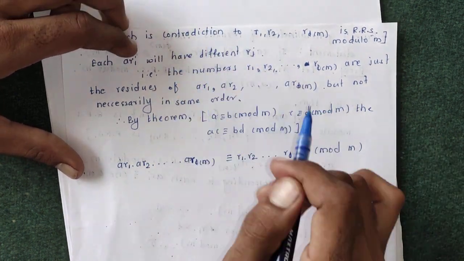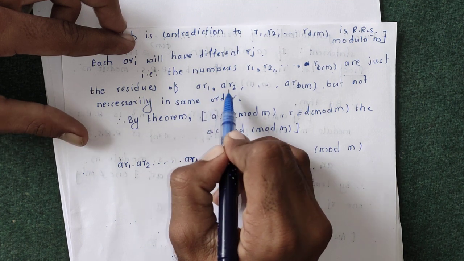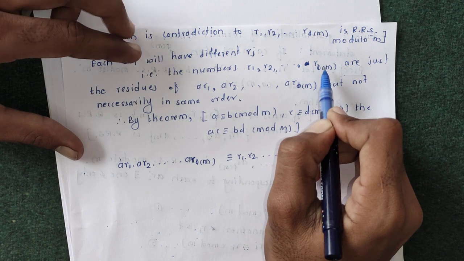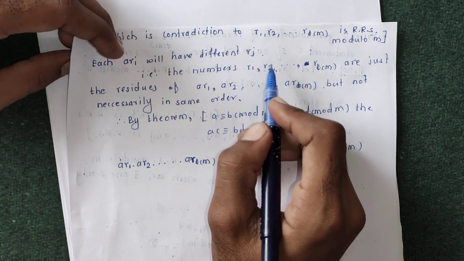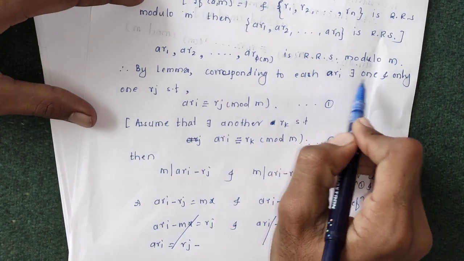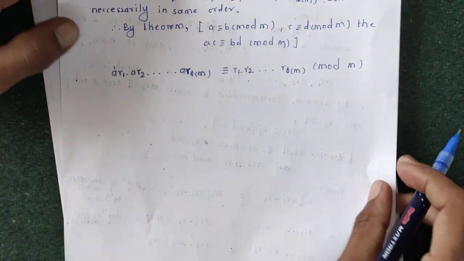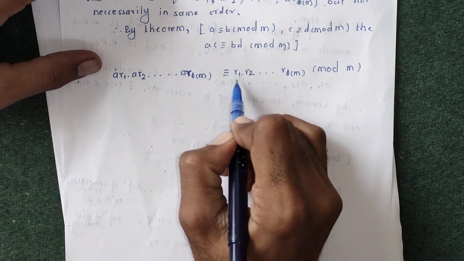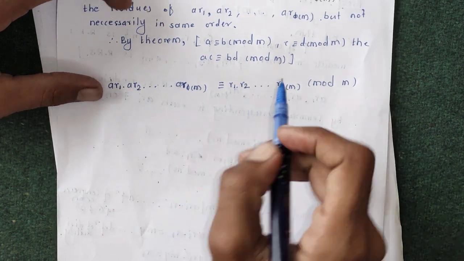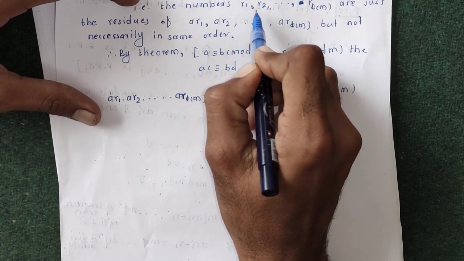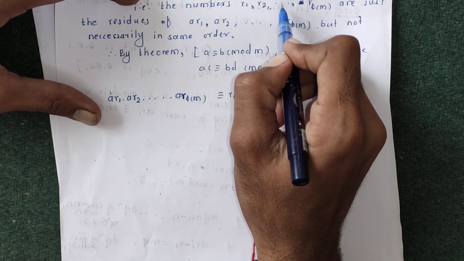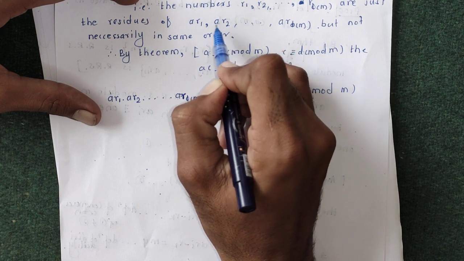From this theory, if you divide ar1, ar2 up to ar phi of m by m, we get r1, r2 up to r phi of m as residues, but we have proved that for each ari there exists one and only one rj. If there were repeated rj's, then maybe we would get r1 squared here, but that is not possible, since for every ari there exists a different rj.